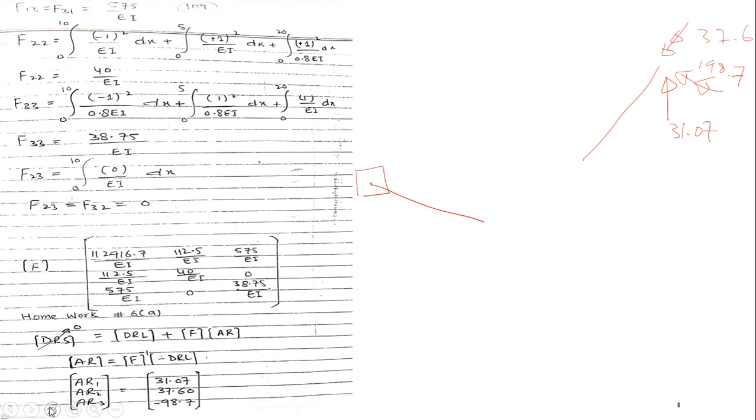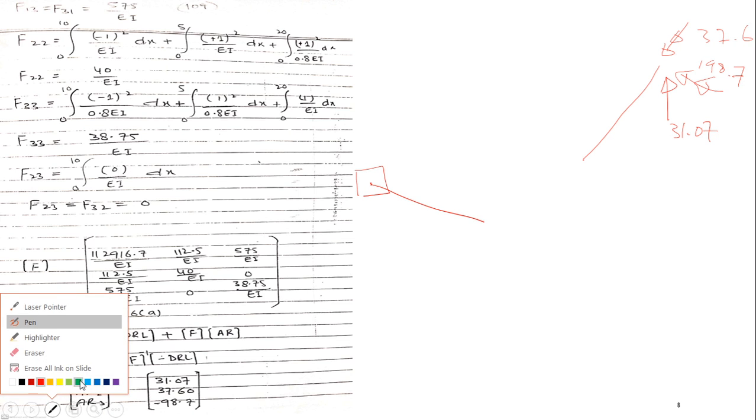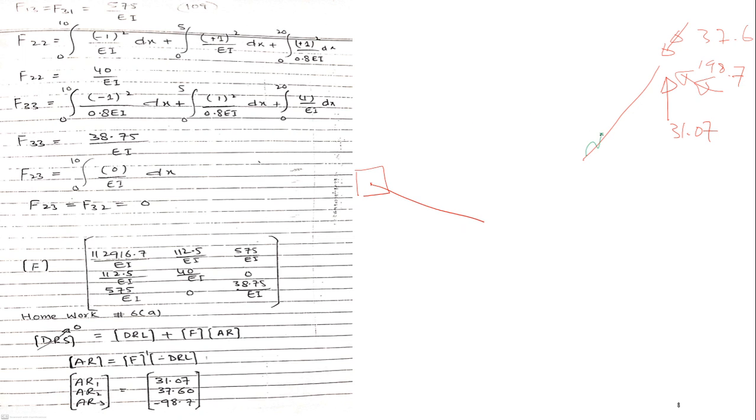Now you have a load. I have a load, and the load is a UDL, for example, 2 kip per foot, and this is 20 feet, so 40 kip. The load acting upward is 40 kip, and it is balanced with 31.07.